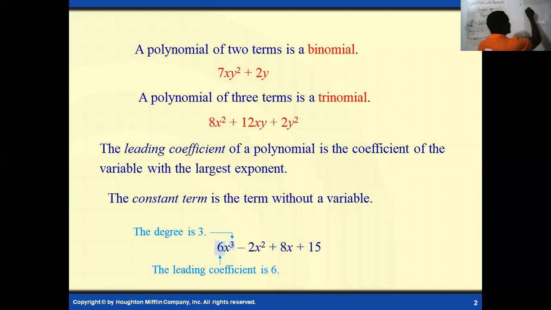We have 5 minus 6x plus 7x squared minus 8x cubed. What is the degree of the polynomial above, and what is the leading coefficient? Who can tell me that? You can type your answer. Let me see.